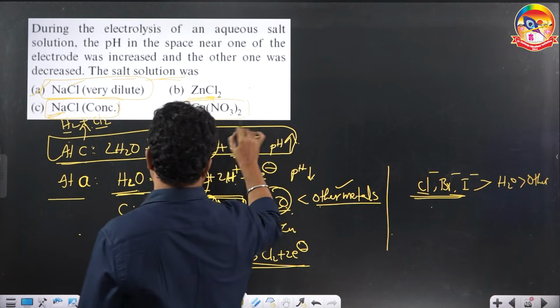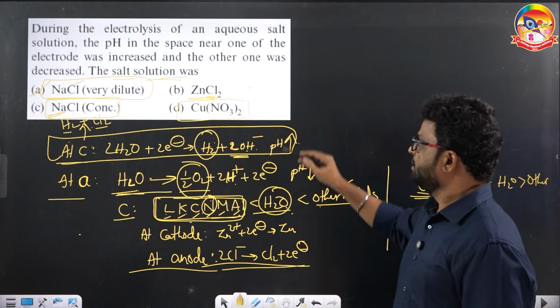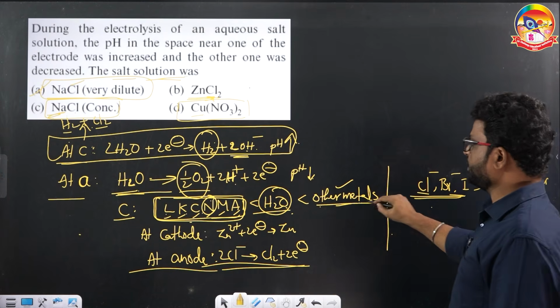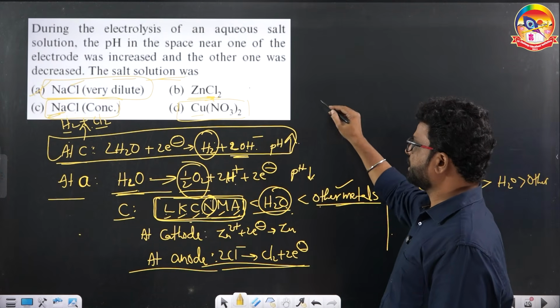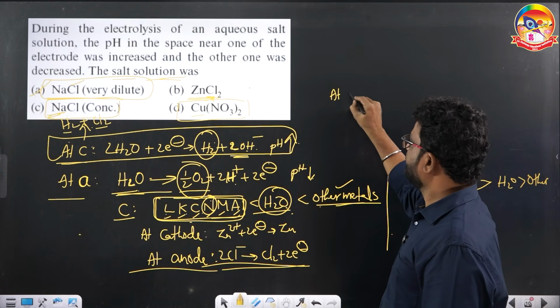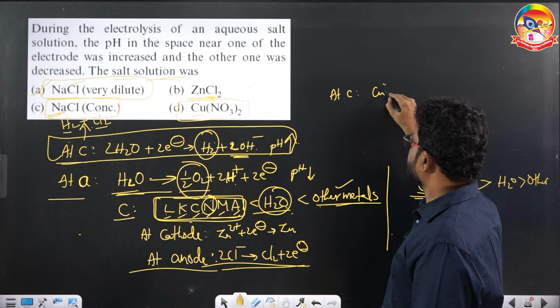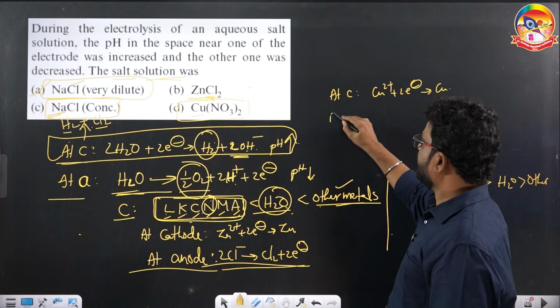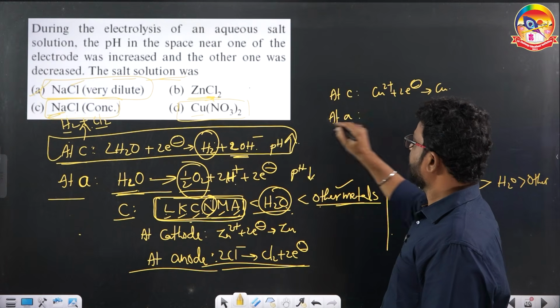Copper nitrate, similarly you can decide the product. Copper is not in LK Cinema, it is in the other metals list with positive SRP, so at the cathode copper is reduced easily to form Cu. At the anode it is nitrate.